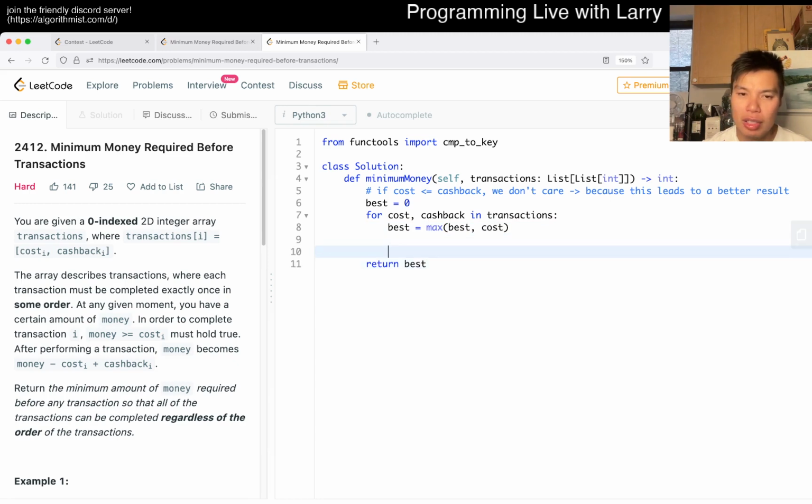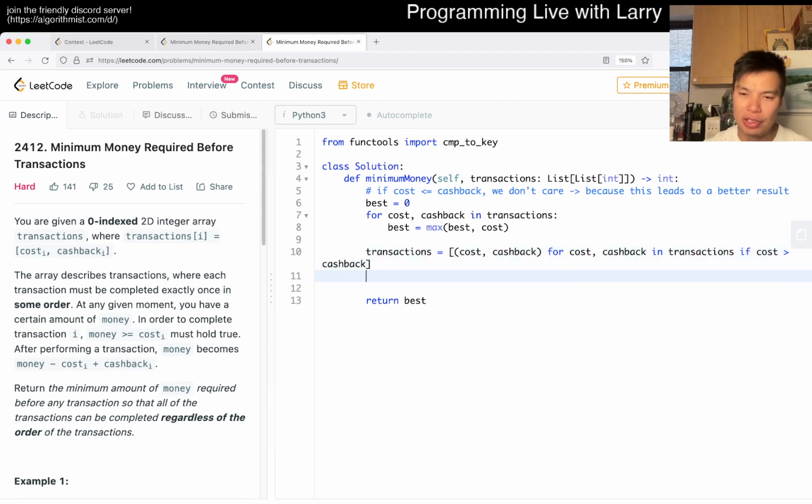Now the second observation that I also made in contest is that for the ones that are remaining, we want to be greedy, right? So first we filter it out. Transactions is equal to cost, cash back for cost, cash back in transactions if cost is greater than cash back, right?